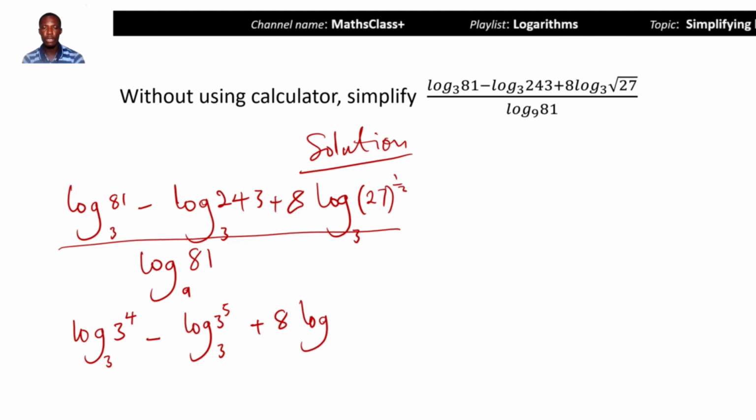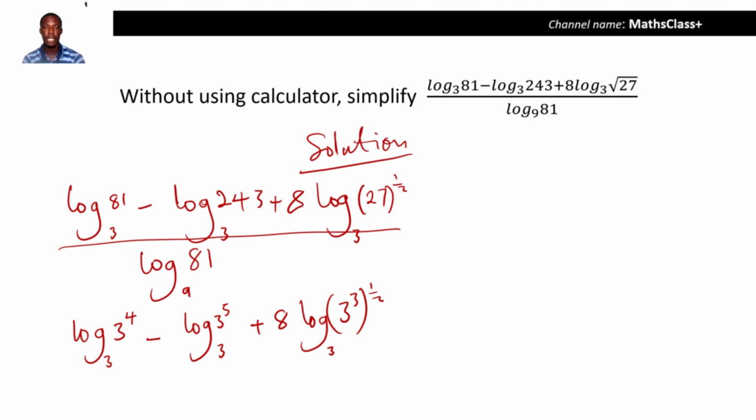So log 27 is the same as 3 to the power 3 and all to the power half to the base 3. And then the denominator is going to be log 9 to the power 2 base 9.